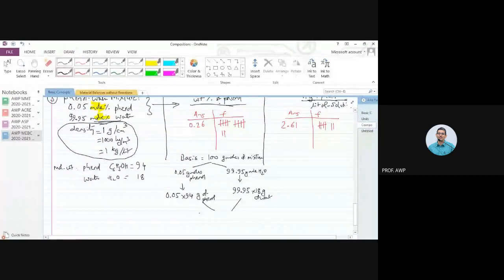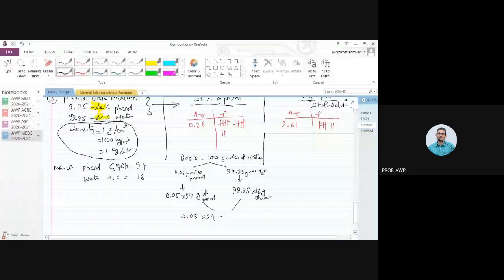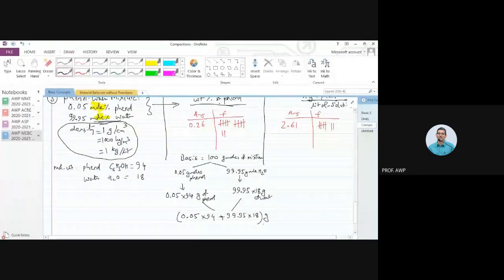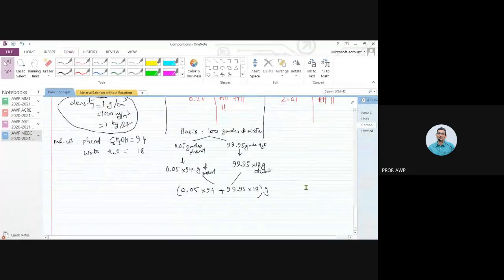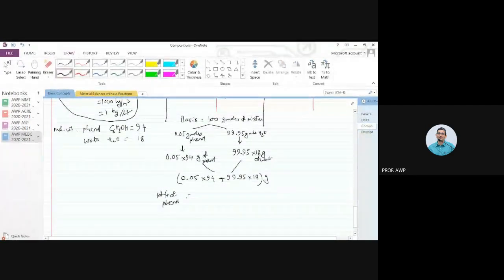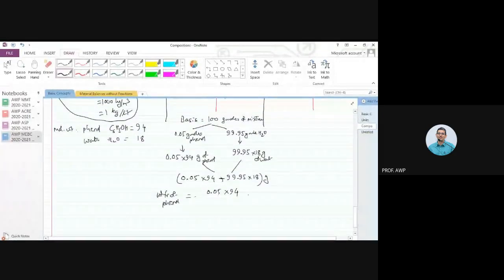The total mixture would be 0.05 multiplied by 94 plus 99.95 into 18. This will be the total grams of the mixture. So weight fraction of phenol would be 0.05 into 94 divided by 0.05 into 94 plus 99.95 into 18.